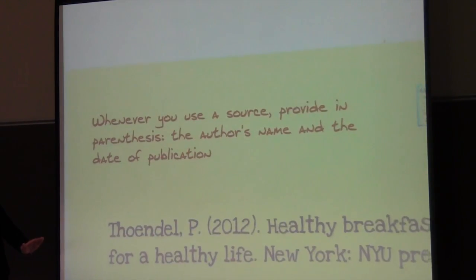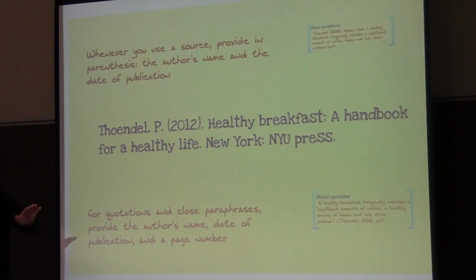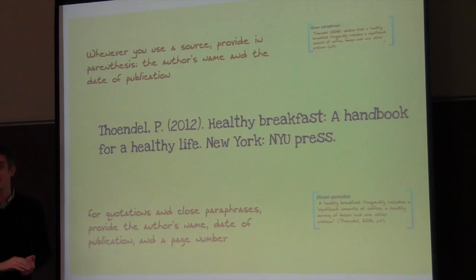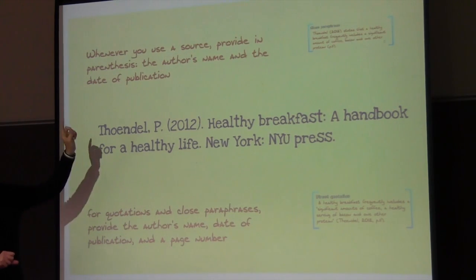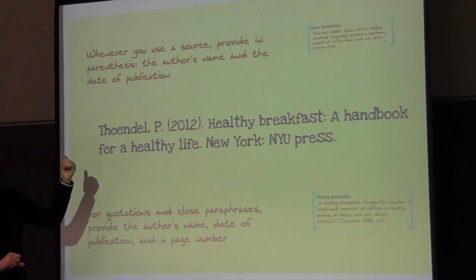First off, as we talked about a little bit before, when we use information from a source, we essentially have two different types of information we can use. We can use a paraphrase, which is in general rephrasing or putting in your own words the information from the article or the source you use.